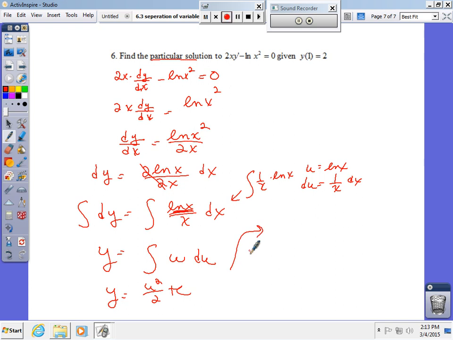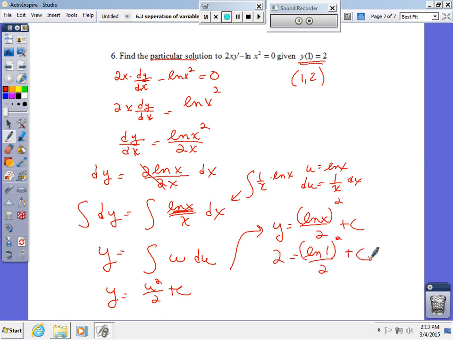I'll finish this up right here. I'm going to plug u back in, so y equals, u was ln of x, squared over 2 plus c. And now they want me to find the particular solution, so my ordered pair is 1 comma 2, so I have to figure out what c is. So that's going to be 2 equals the ln of 1, over 2, that's squared, plus c.